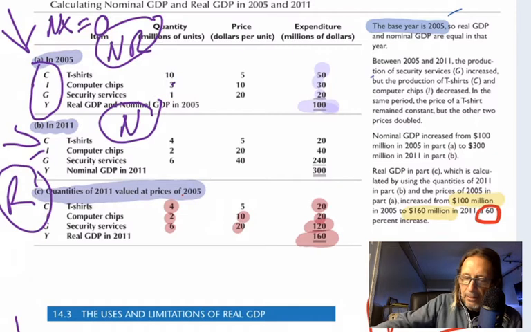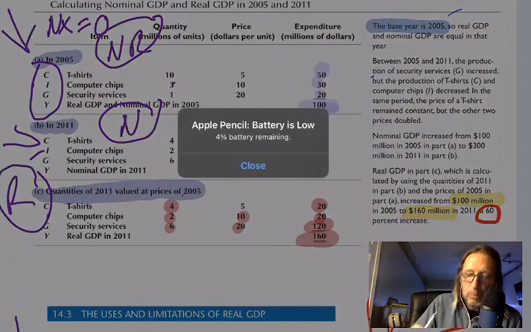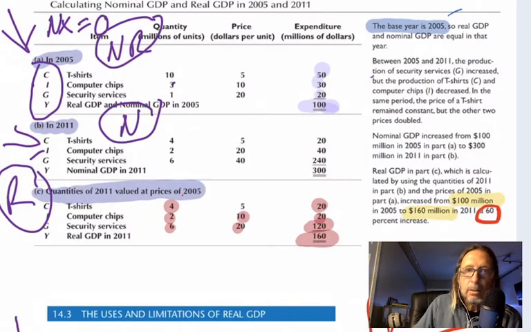So we have t-shirts, we have 10 of them multiplied by 5, which is going to give us our 50 expenditure. We have our computer chips, which is 3 multiplied by 10, which will give us our 30. Security services, which is 1 multiplied by 20 gives our 20.